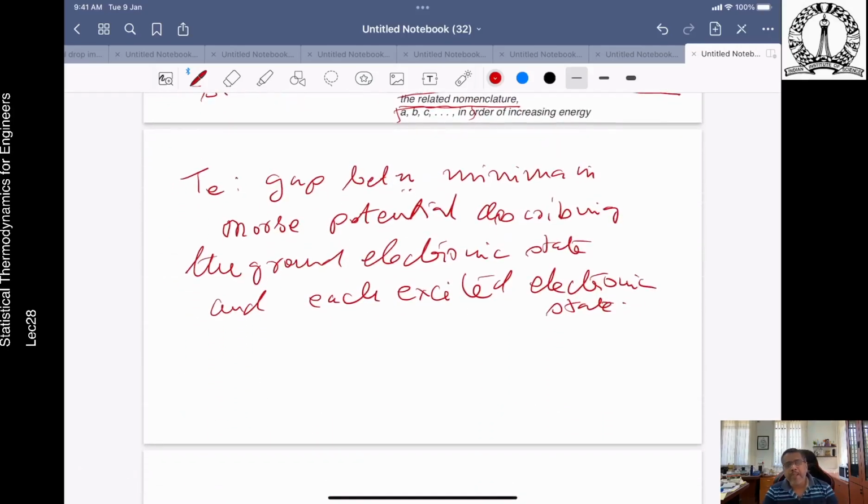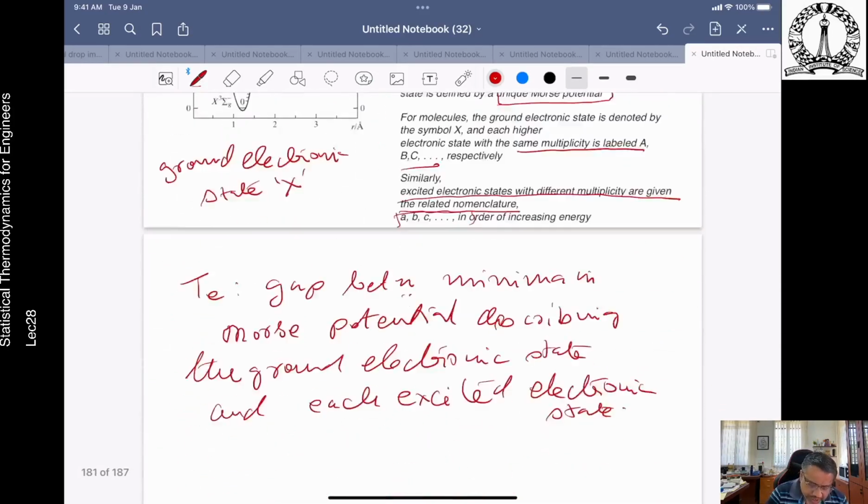Now you can see certain subscripts, g and u.